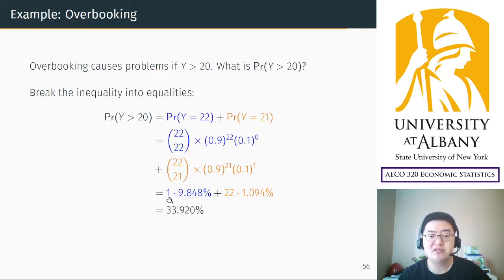So it is 0.9 to the 22nd power. And for 21, it is 22 choose 21 times 0.9 to the 21st power, since non-cancellation happens 21 times, and 10% happens once. So you get this.